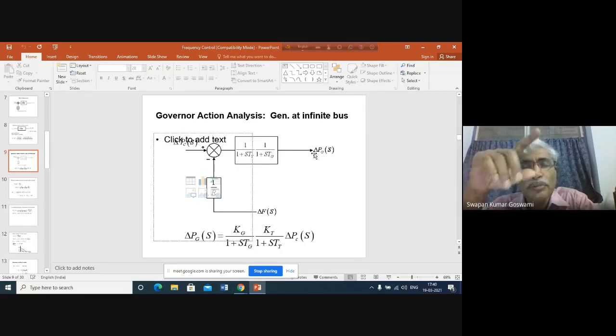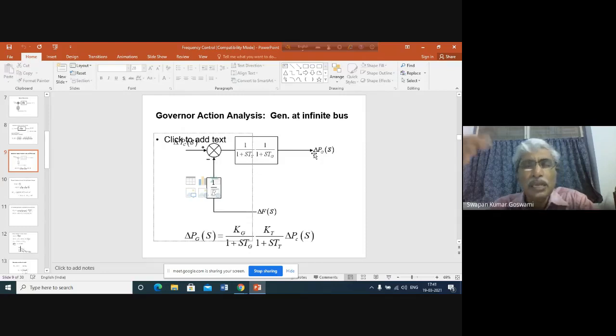The point B will be changed. As point B is changed, C will be changed, D will be changed. When point D is changed, obviously oil will enter into the chamber having the main piston. So the main piston position will be changed. As a result, the valve opening will be changed.